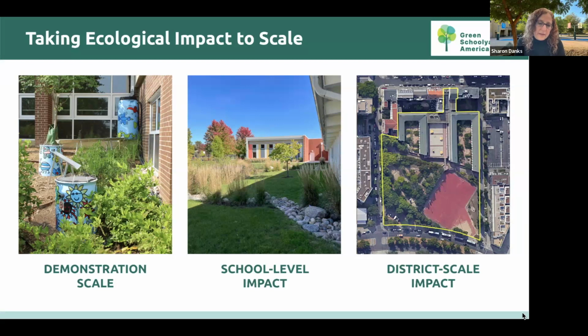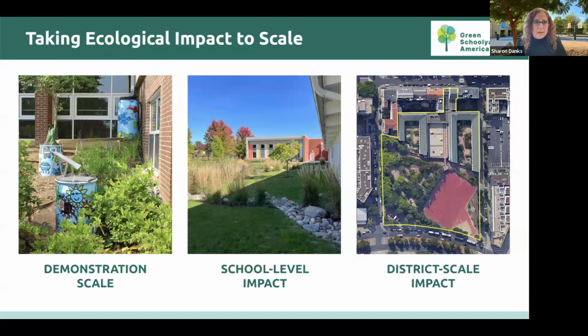And then the third level, which I think is a lot more rare and is what Justin was talking about, is district scale impact, where you have dozens of schools in a district or the whole district working toward a goal that relates to a particular type of ecological design. So in this case, stormwater management, not just on one site, and they're more extensive at each site.